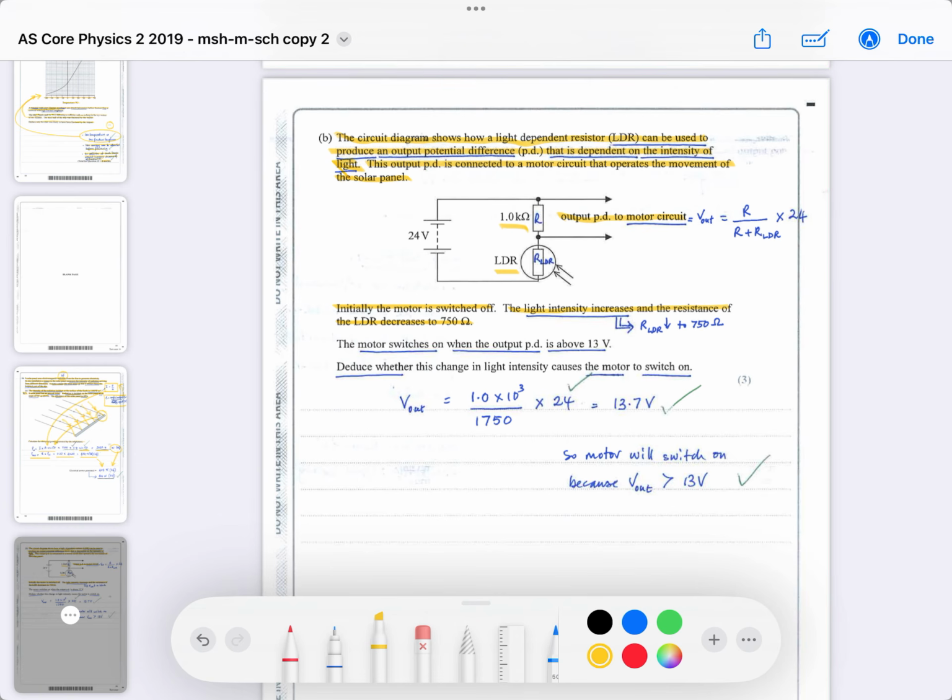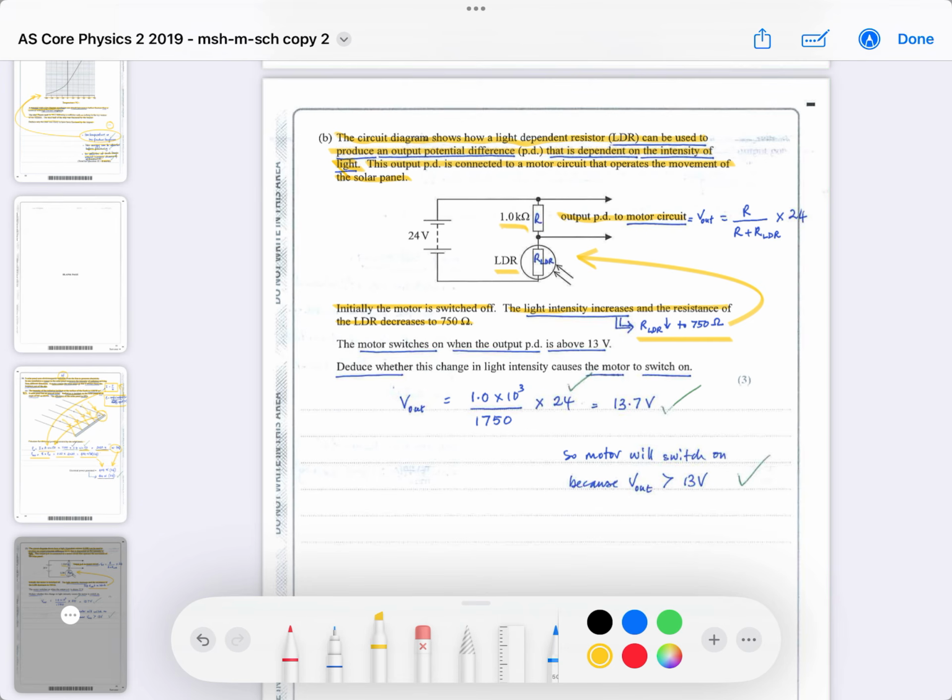Yeah? So the resistor LDR goes down to 750, and that's over here. So we know that when the light intensity in this scenario, the LDR's resistance is less than the fixed resistor, which is 1 kilo ohm. So 1000 compared to 750.